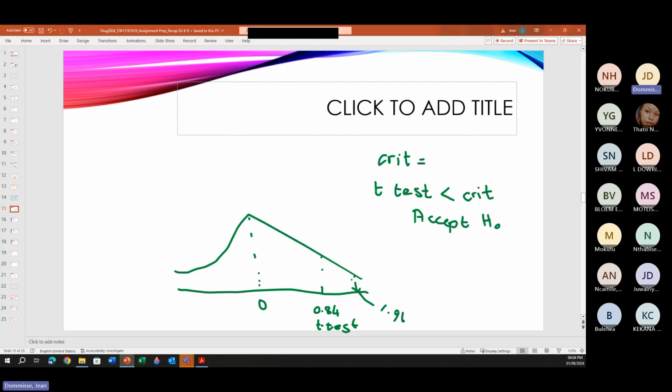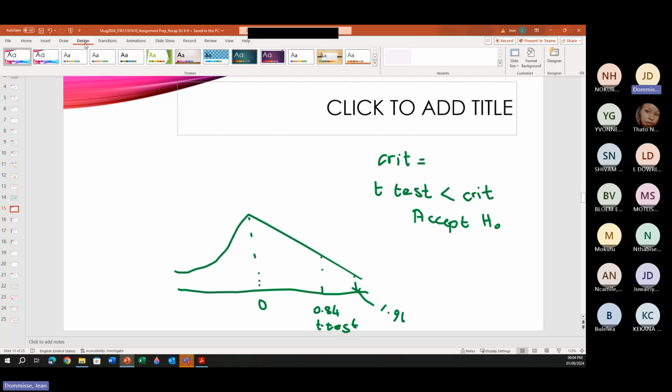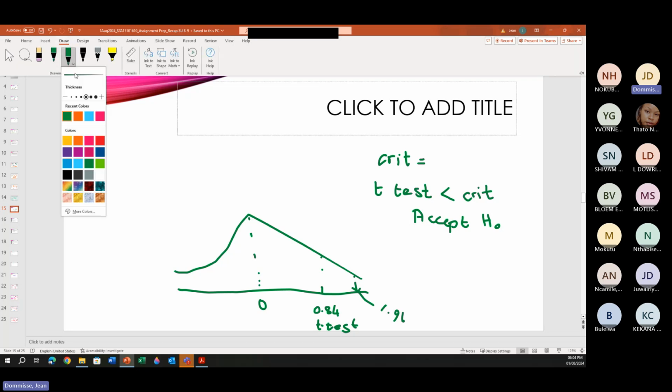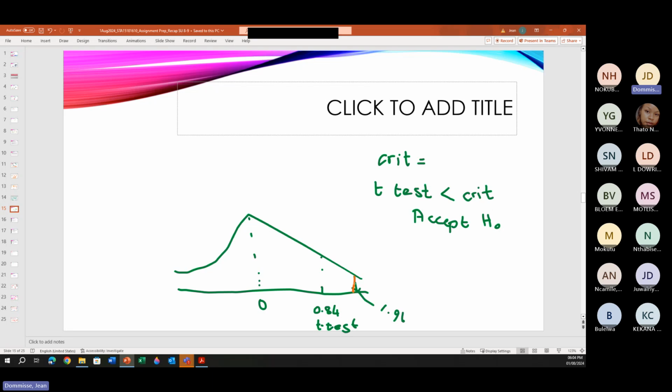And the way how I normally draw it is to say, okay, well, here's the critical. If my t value falls within it, I accept it.